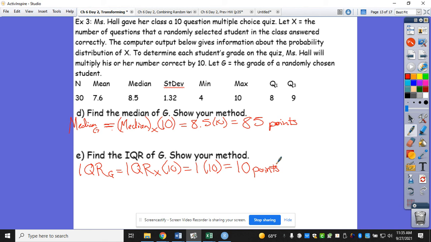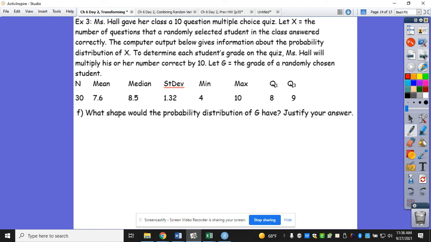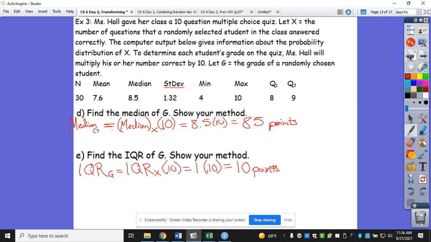What's going to happen to the shape? Stays the same. What was it originally? I think I'm hearing both. Which skewed? Left? Why?